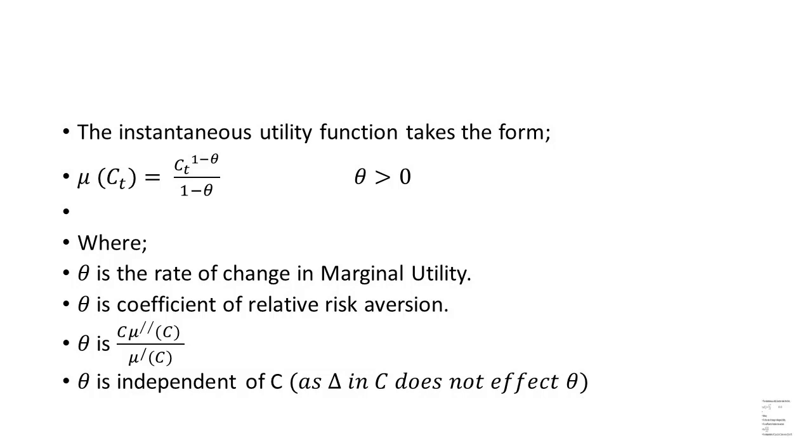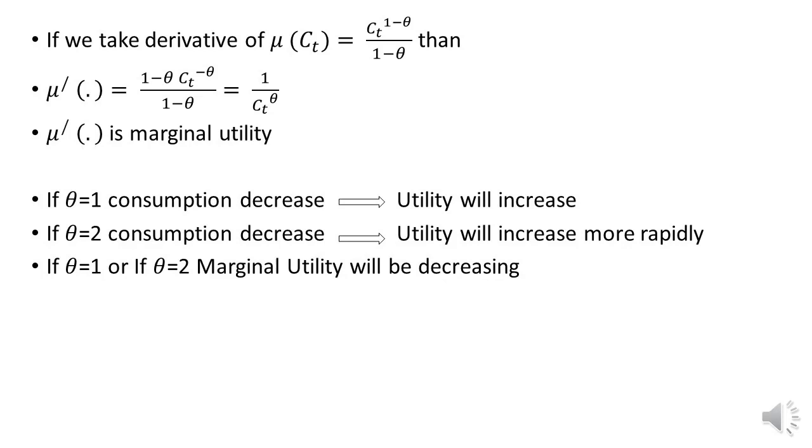If we take the derivative of utility as a function of consumption, that is equal to C_t^(1 minus theta) divided by 1 minus theta, we will get the first derivative of the utility function, which equals 1 divided by consumption raised to the power theta. So let's put the value of theta equal to 1.